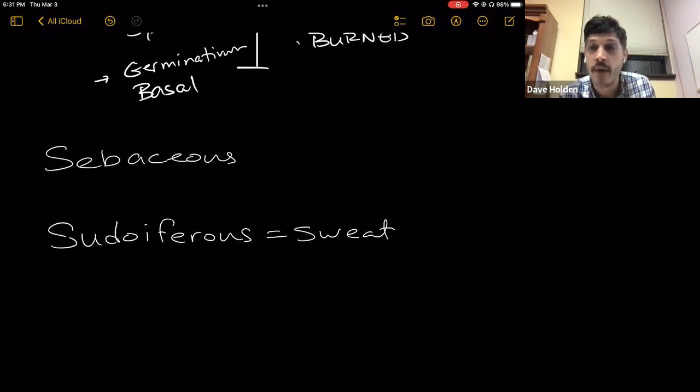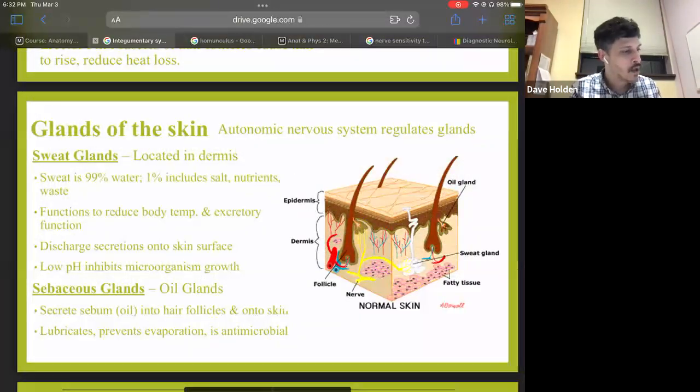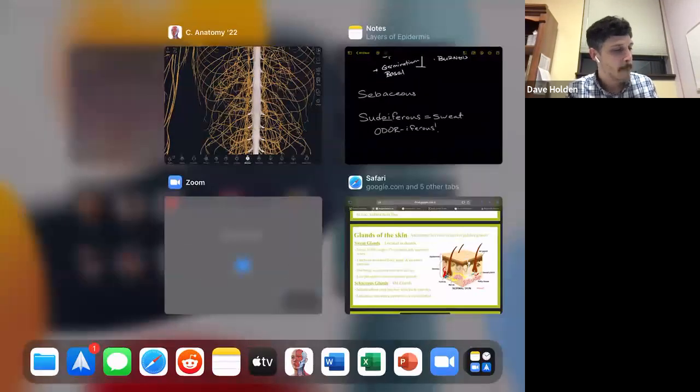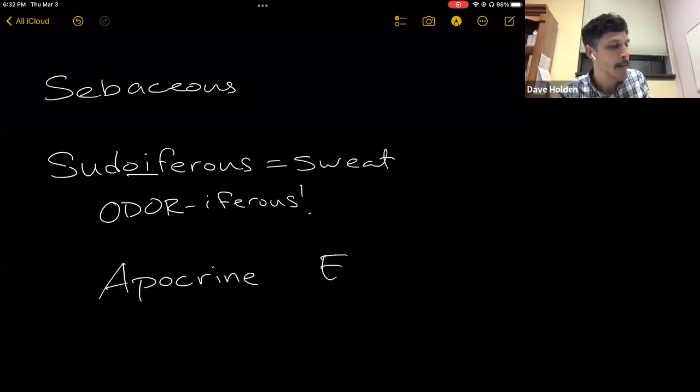Sudoriferous glands. And the way I remember this word, they're odoriferous glands because they're sweat glands and they stink, even though sweat doesn't stink. So the two flavors of sudoriferous glands, we have apocrine and eccrine.